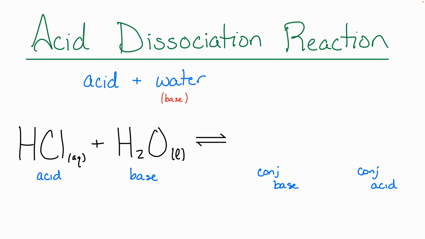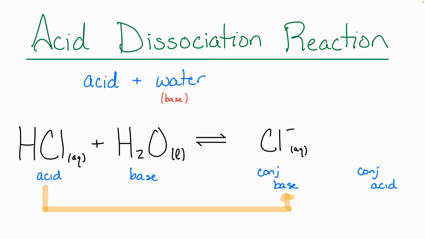All right, so my conjugate base, I'm going to look at what formula, my acid or my base, to get my conjugate base. Acid. I'm going to decrease my number of hydrogens by 1. Decrease my charge by 1. That gives me that chloride ion.